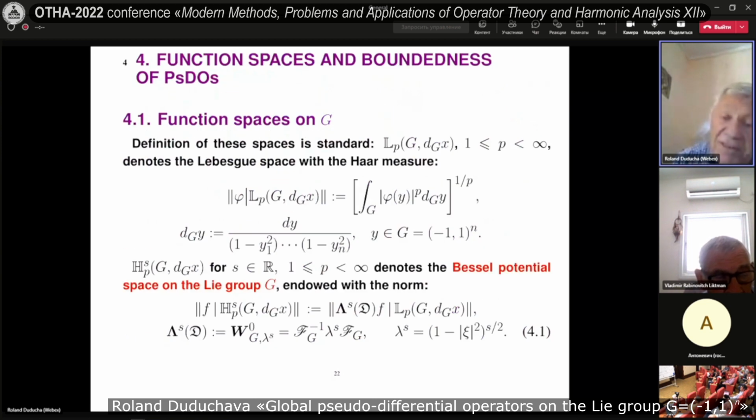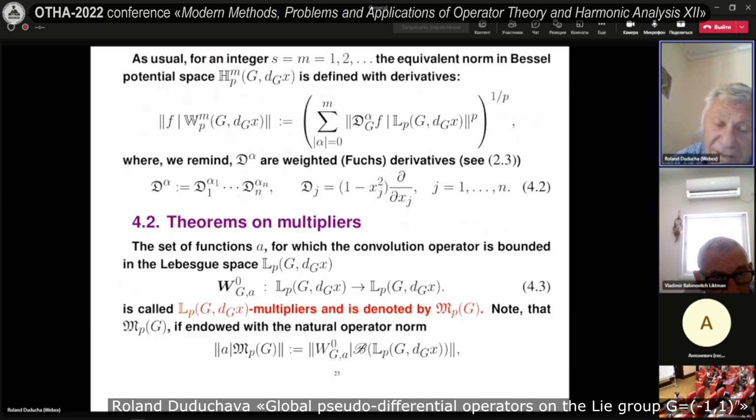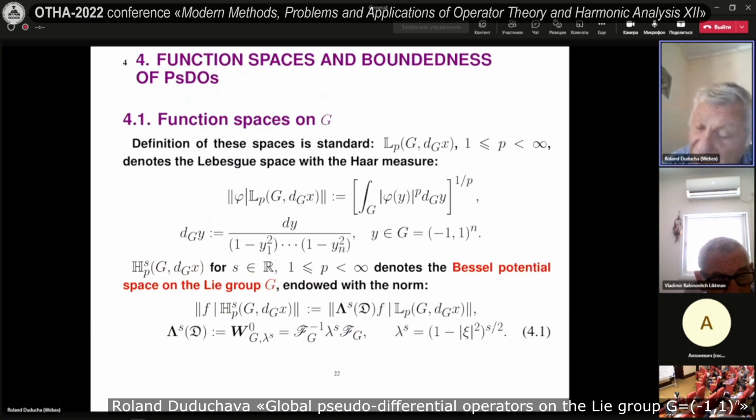Function spaces. We define the L^p space as the weighted space with this Haar measure. We take the convolution operator with this symbol here, 1 plus, here should be plus c squared, with this Laplacian.